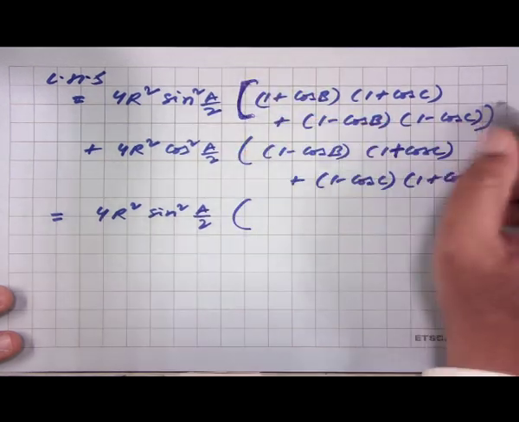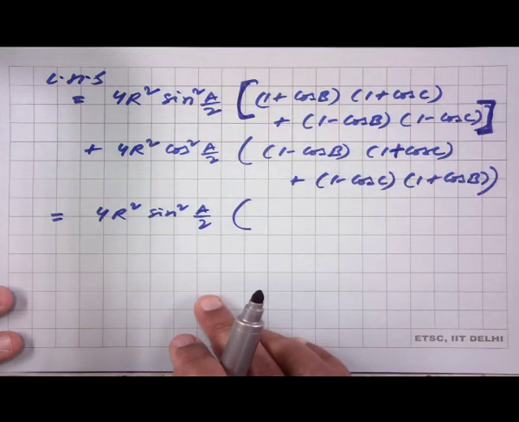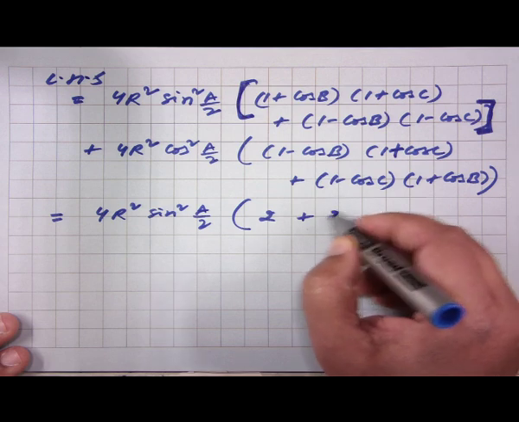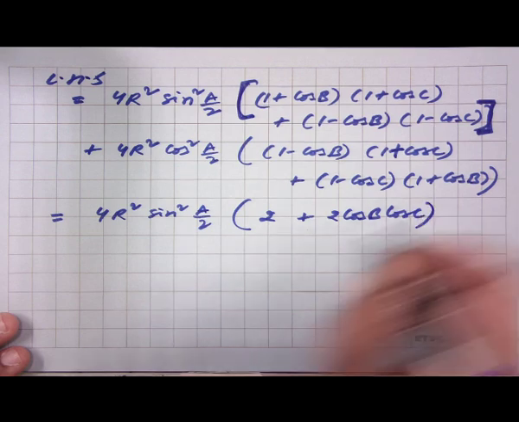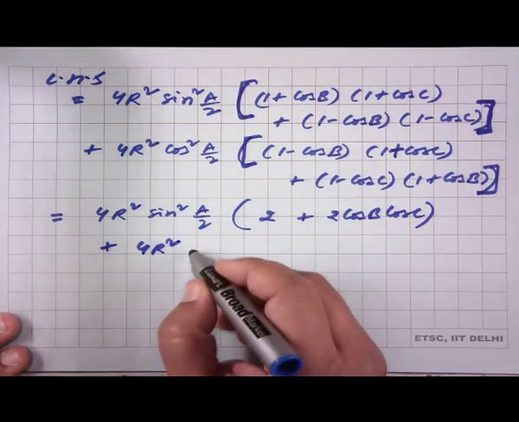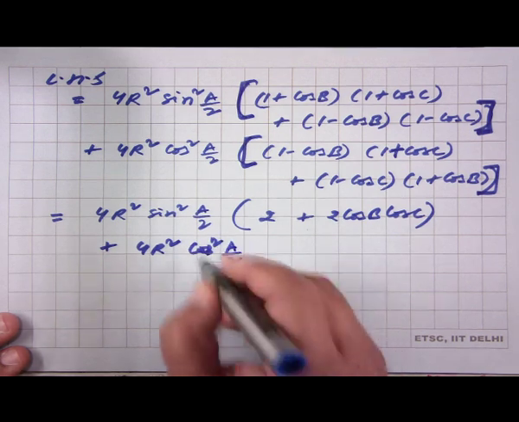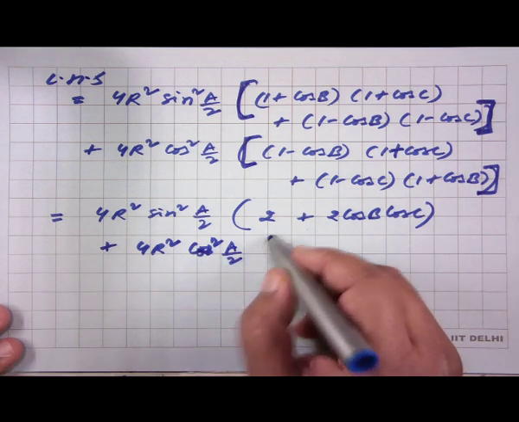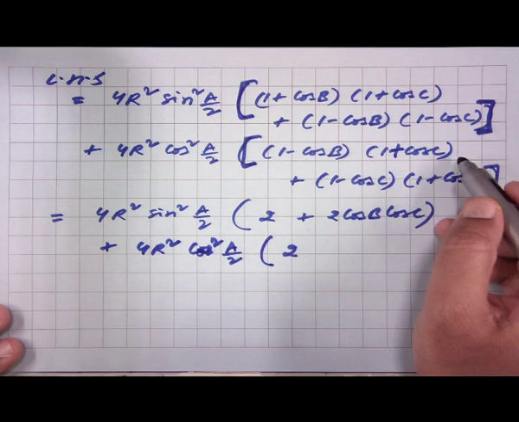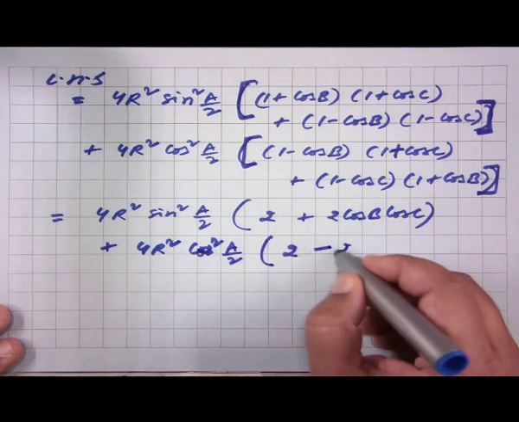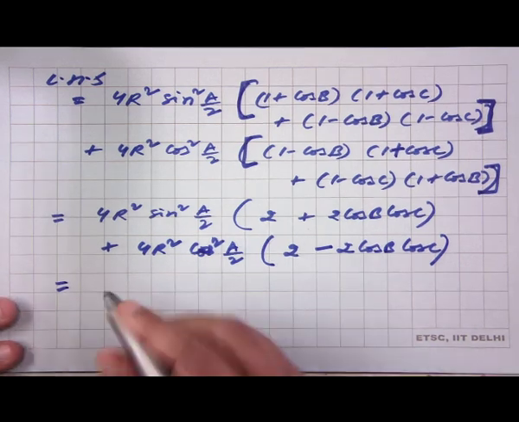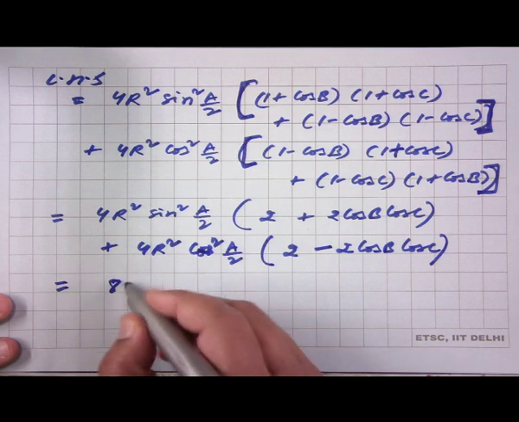this term inside this square bracket will get simplified to 2 plus 2 cos B cos C. Similarly, this other term will get simplified to, that can be further written as, so we have 8r square.